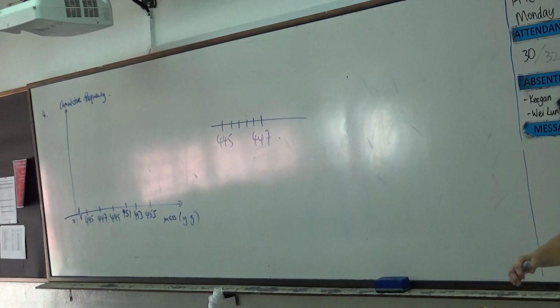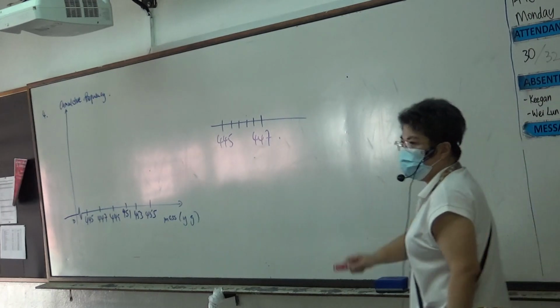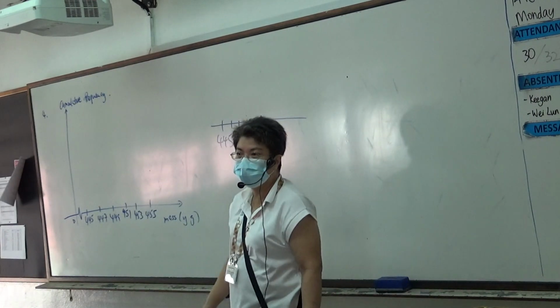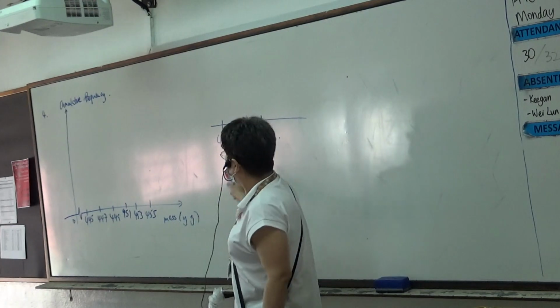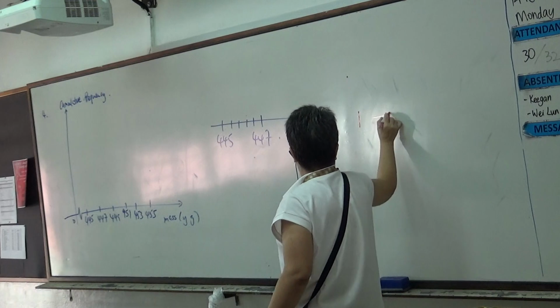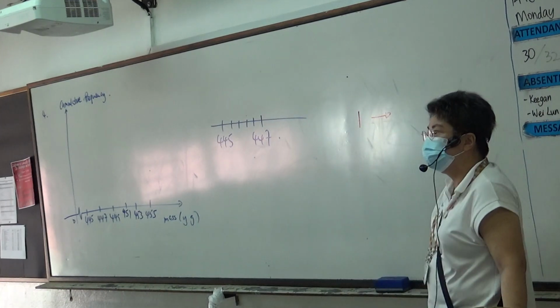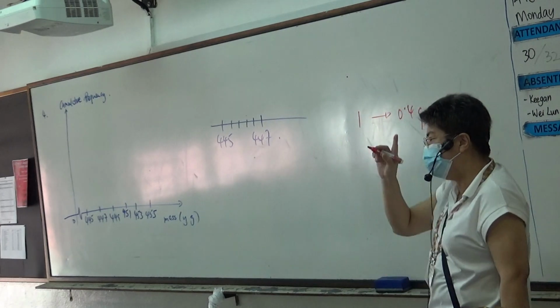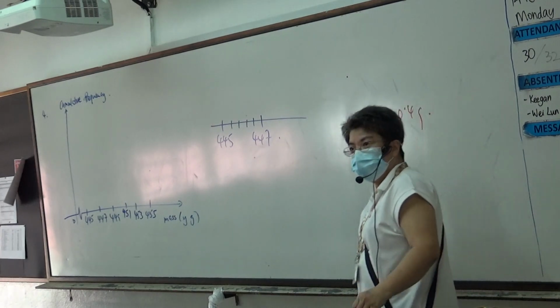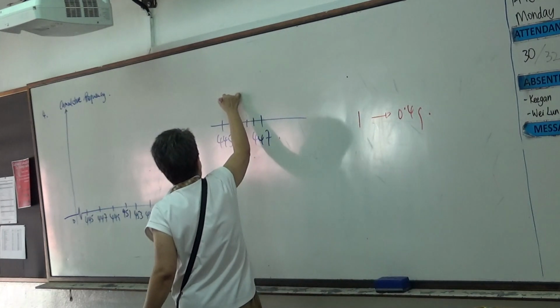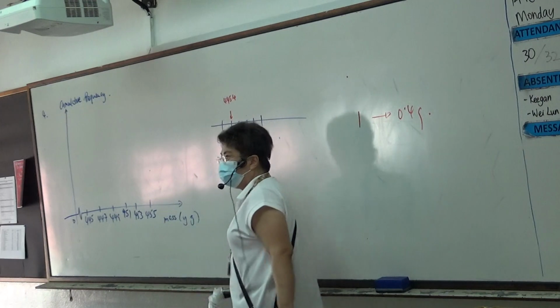Can you see that 5 little squares actually represent 2 grams? What is 1 little square? 0.4 gram, right? Don't go wrong. So how much is here? 445.5.